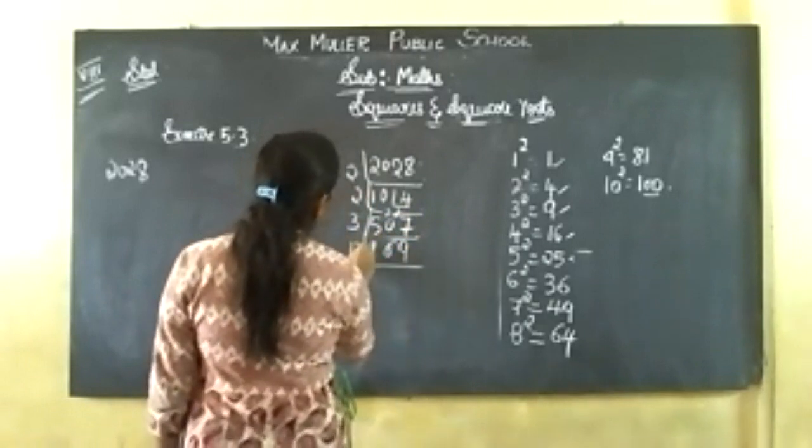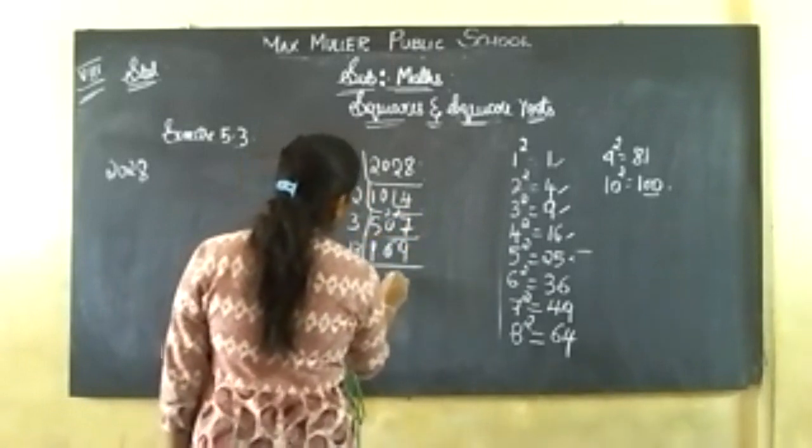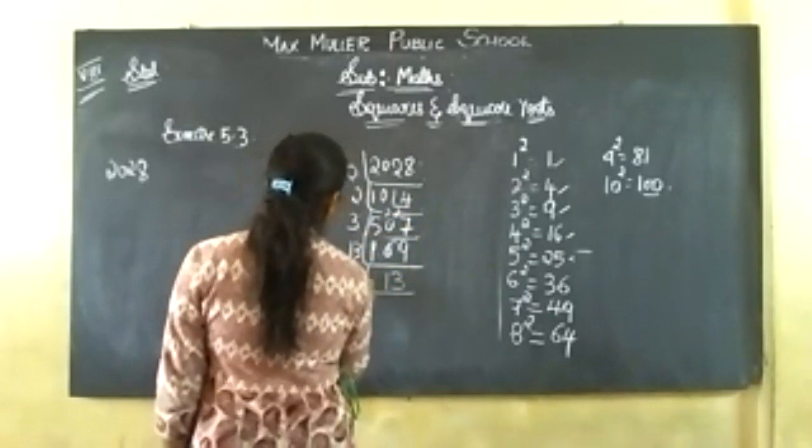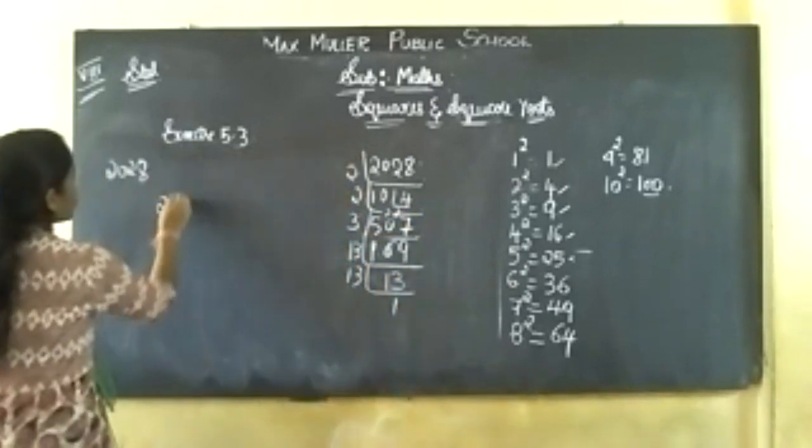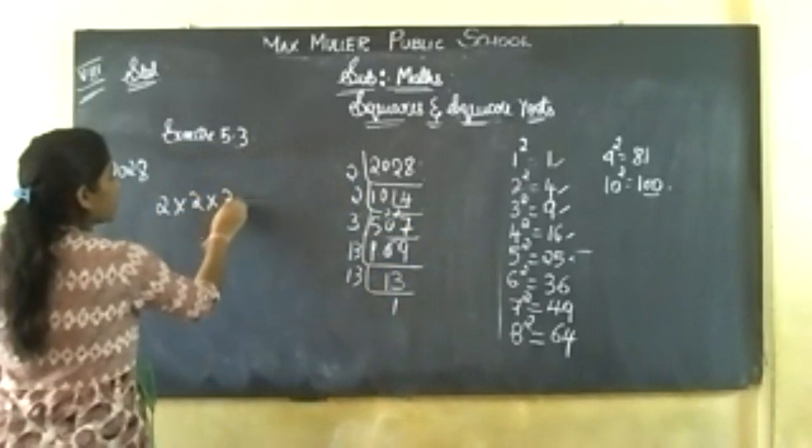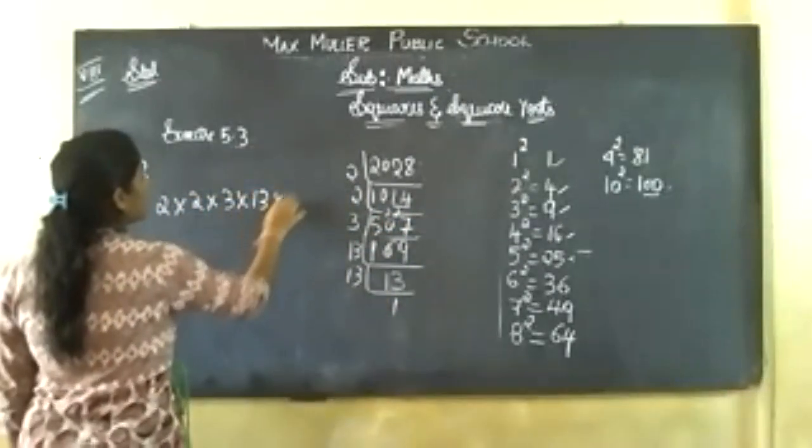Again directly 13, 13 ones are 13. So 2 cross 2 into 3 cross 13 cross 13.